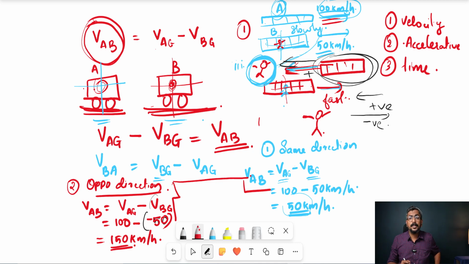The observer itself is a frame of reference. This is how you calculate the relative velocity. We'll do some numericals and see what happens while calculating relative velocity.